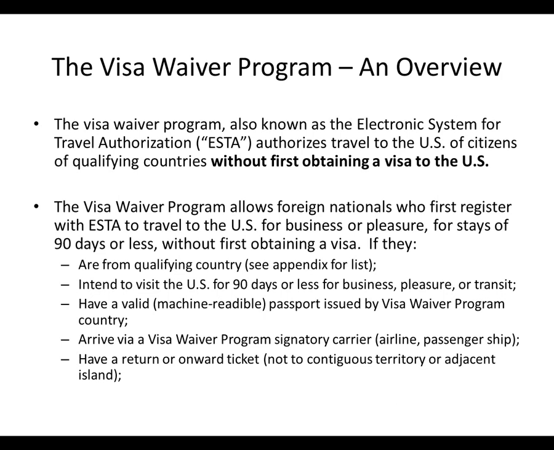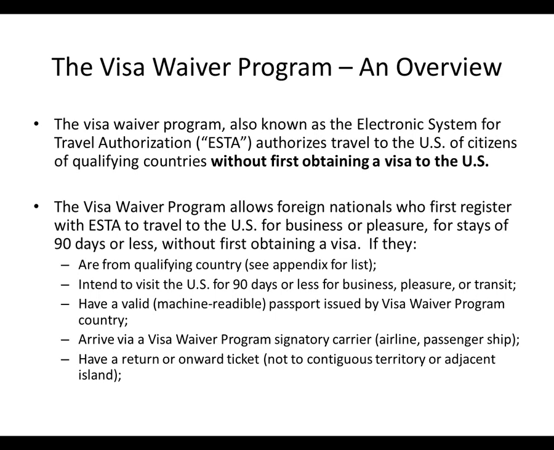Taiwan is the newest addition to the Visa Waiver Program list of countries. The Visa Waiver Program is simply a program that allows foreign nationals who register through the ESTA program to enter the United States for business or pleasure for a period of up to 90 days without first obtaining a visa.